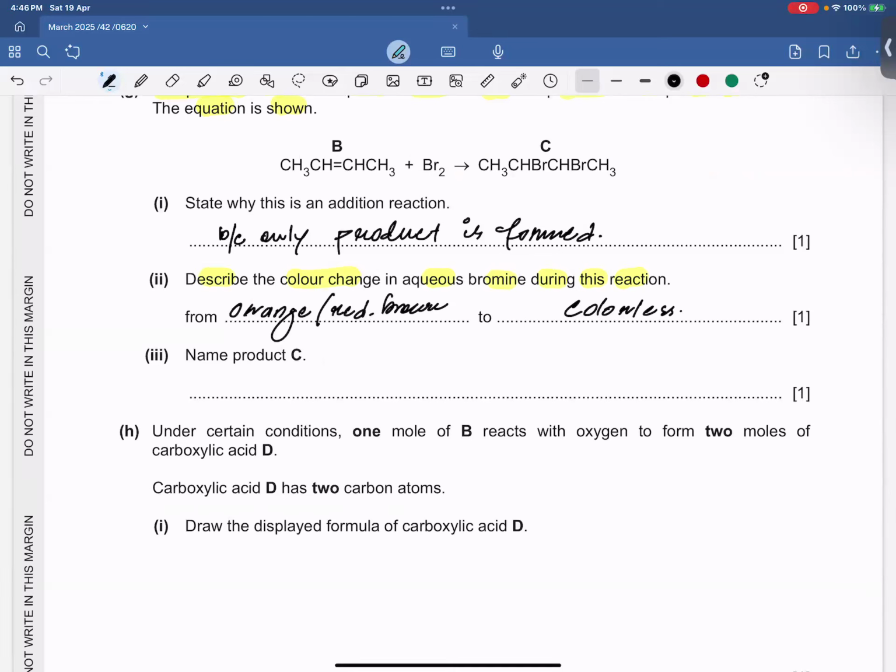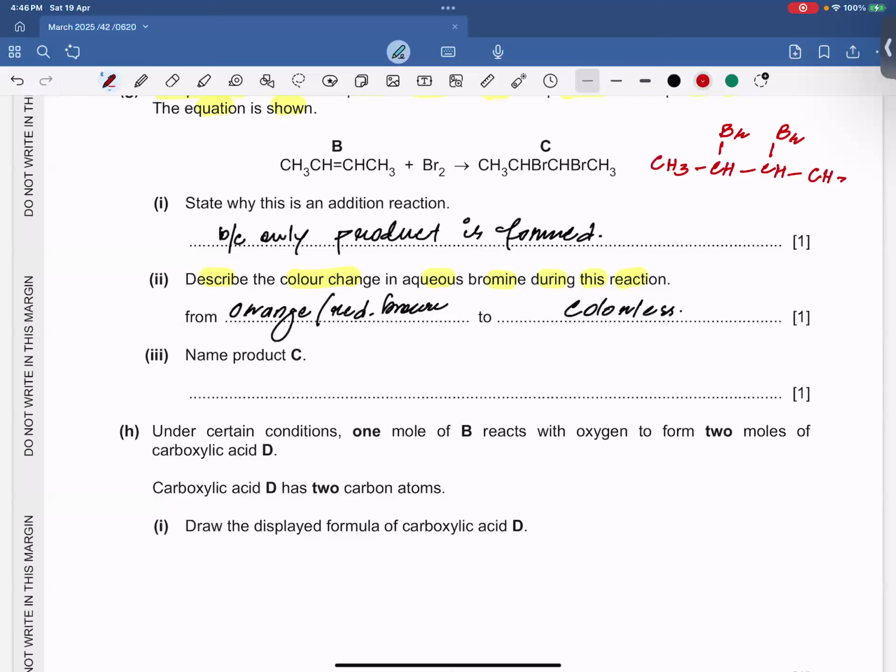Name product C. Let me write this structure. CH3, CHBr, CHBr, and this is CH3.